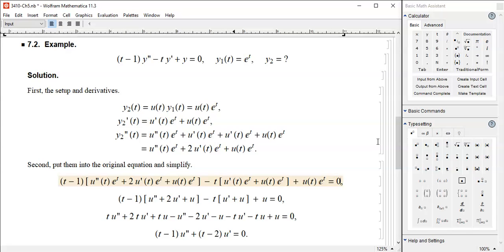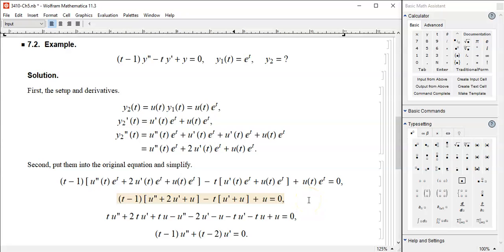Do you see exponentials are common everywhere? So we can take all the exponentials out. That's u double prime plus u prime plus u after taking all the exponentials out. From here, u prime plus u, taking all the exponentials out. And this exponential out, you get just u.